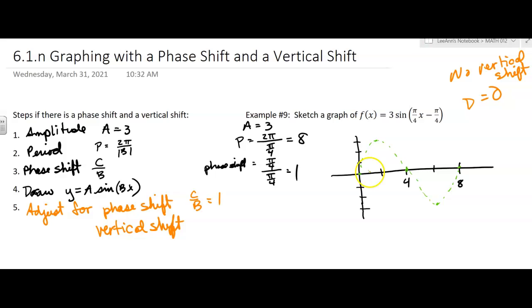So I'm going to draw that in 1 unit. It's like halfway between 0 and 2. And then all of them are going to have to shift that way. So my point that used to be at 0, 0 is now at 1, 0. And my point that used to be at 2, 3 is now at 3, 3.